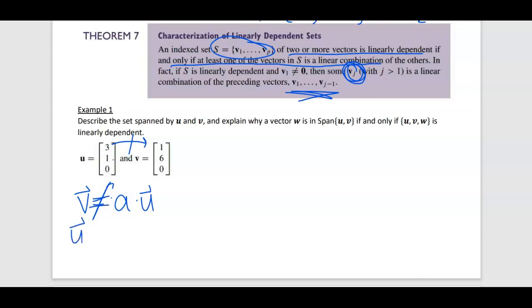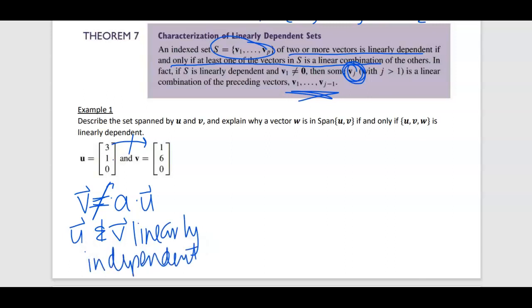So notice that U and V are linearly independent. We're having an if and only if situation, so in order to do this, we have to show both sides. We assume one side and then show the other has to be true, and then vice versa.